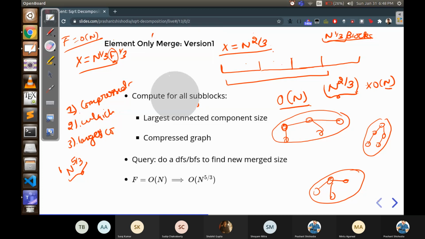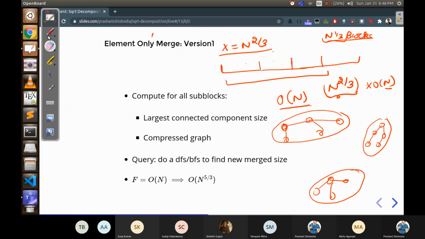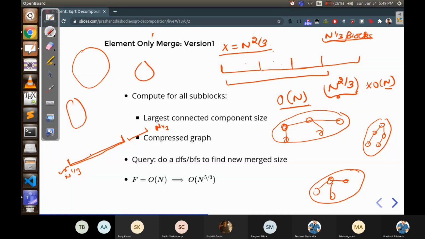And whenever I'm doing a query, I have this range and I'll have to extend it by n raised to 1 by 3 here and n raised to 1 by 3 there. There are so many components in this range.